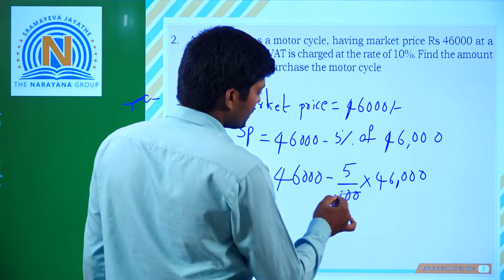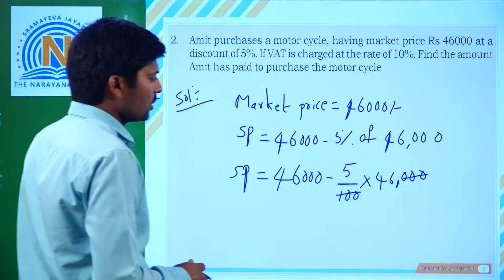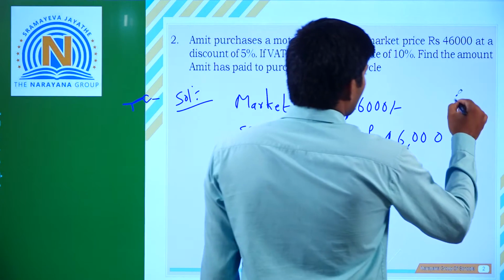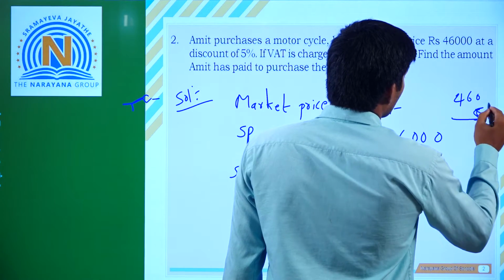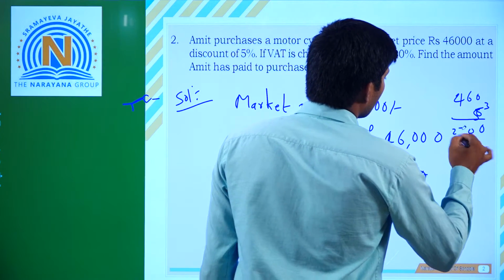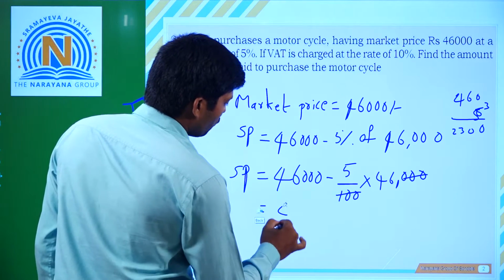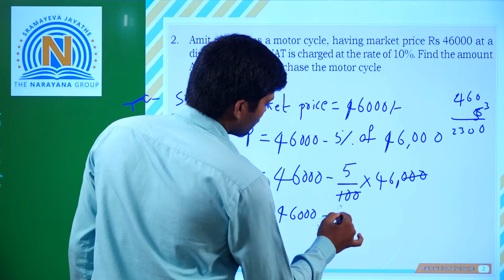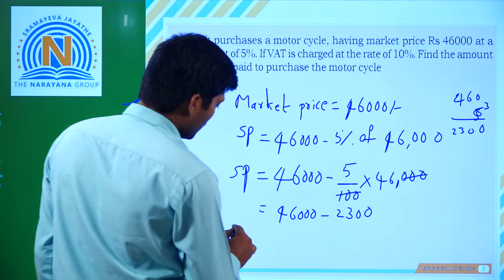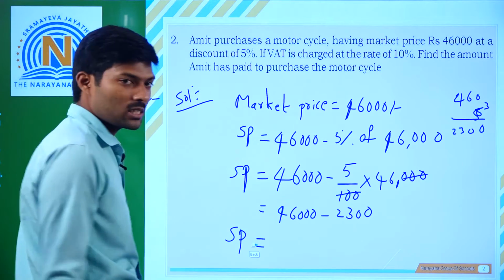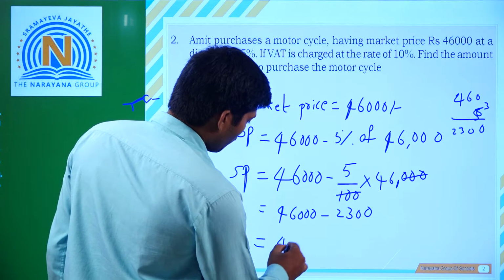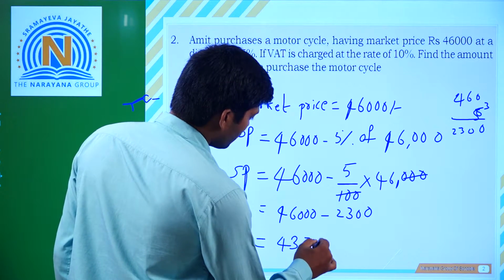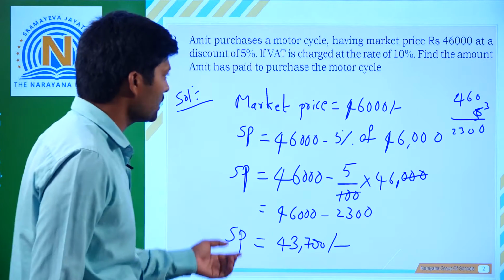Let us simplify this: 2 zeros will get cancelled. 460 into 5 will become 2,300, so 46,000 minus 2,300. So, the selling price SP is equal to 43,700.